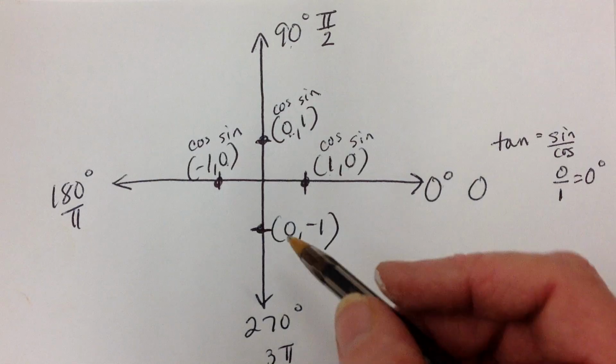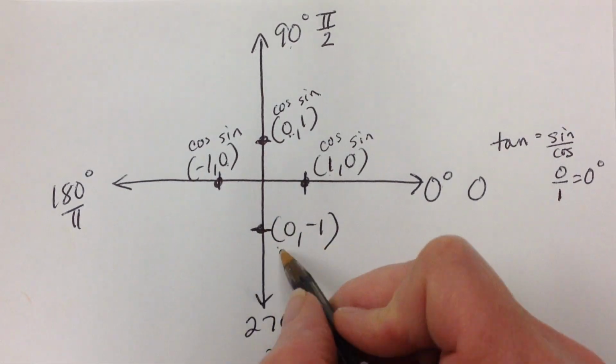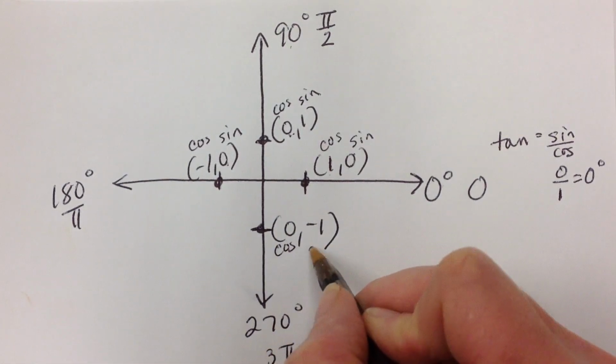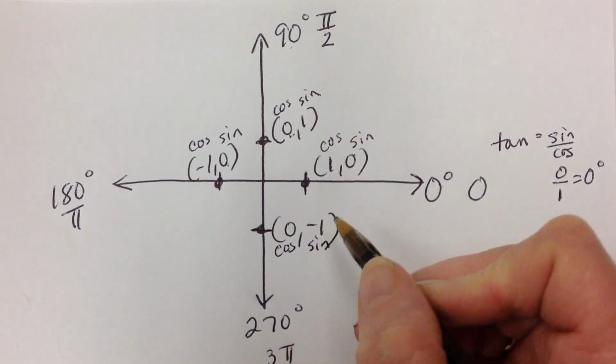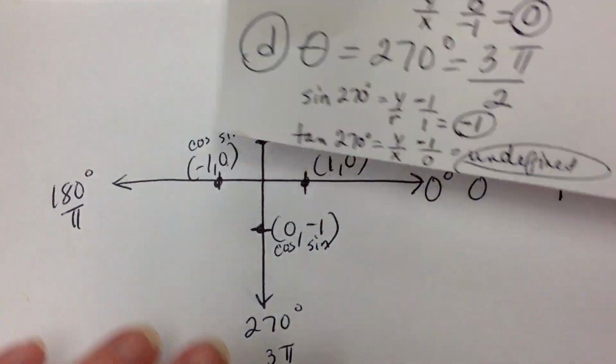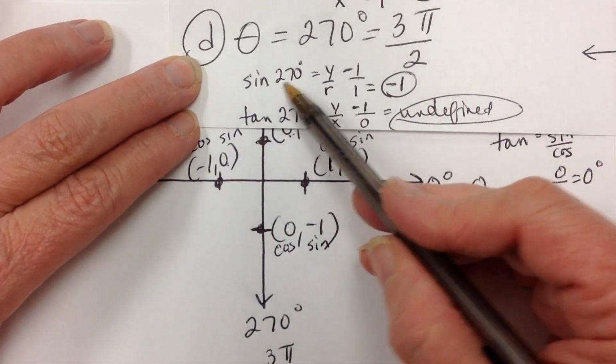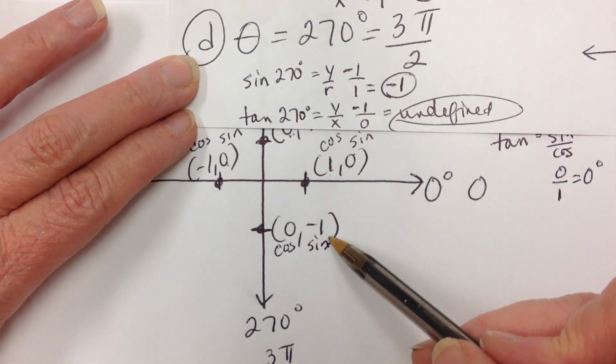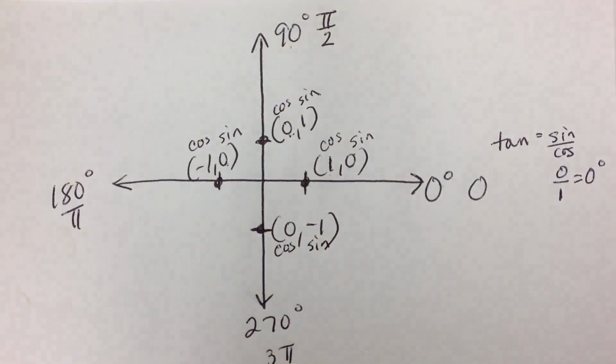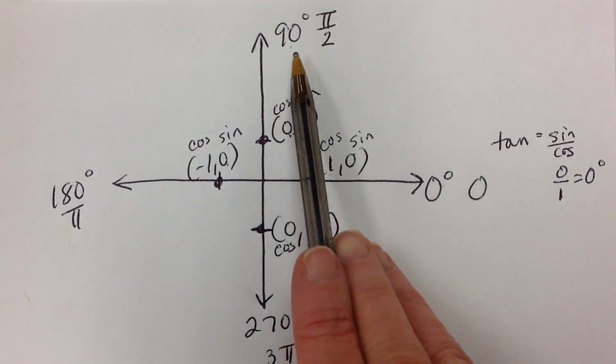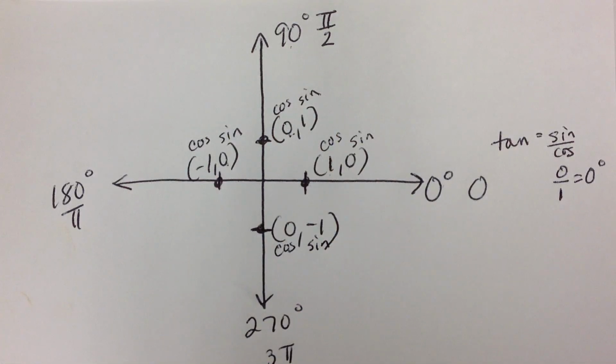And then we have the last one, down at 270, the first number is the cosine, the second number is the sine. Earlier when we found sine of 270, it was -1 also. So that's just a quick reference for you to use to find sine and cosine and tangent and the other trig functions when you have 0 degrees, 90 degrees, 180 degrees, and 270.